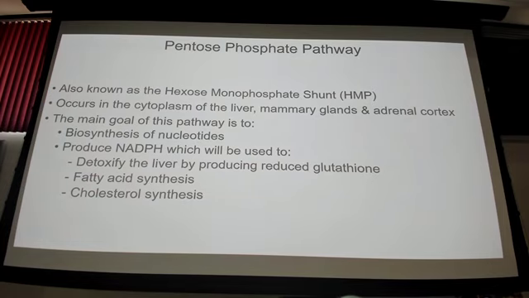And that NADPH is a very important antioxidant. We're going to talk a lot about NADPH in block 3, but just know it's very important as an antioxidant. It donates its hydrogens to glutathione. Glutathione is the actual antioxidant that our body needs to get rid of free radicals.